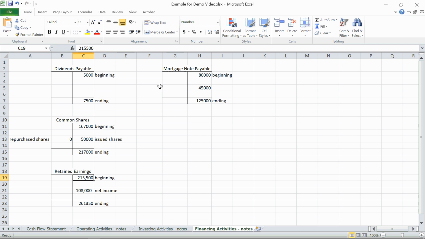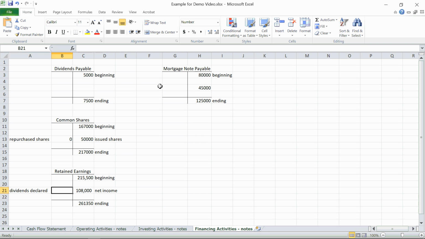But we can see that 215.5 plus 108 does not equal 261,350, and so there have been debits to the retained earnings account as well, and debits to the retained earnings account are the result of dividends that were declared during the period.